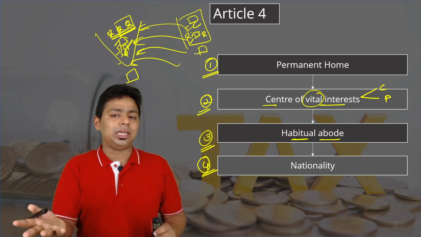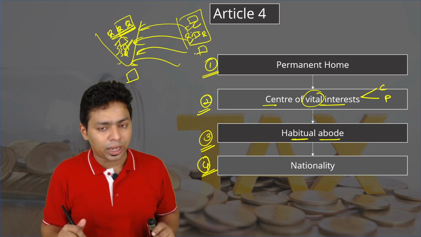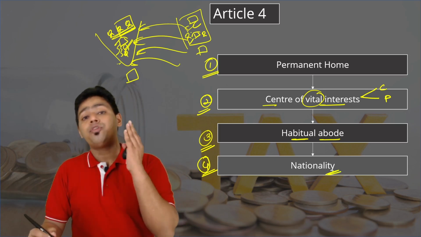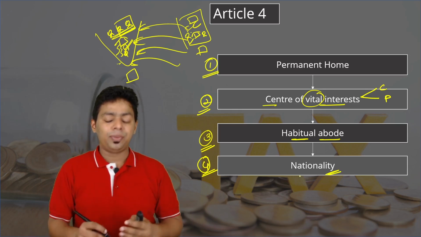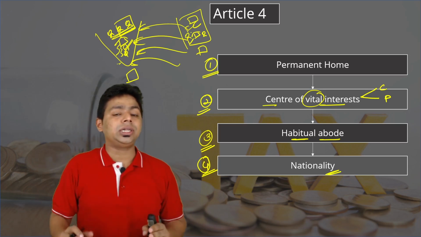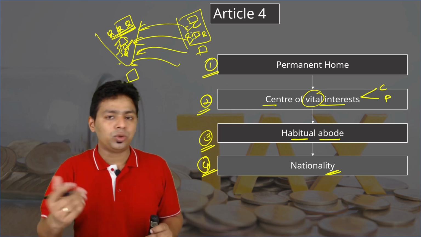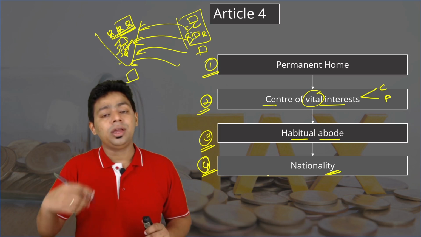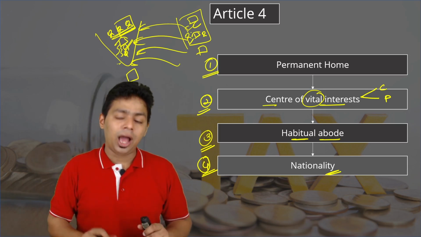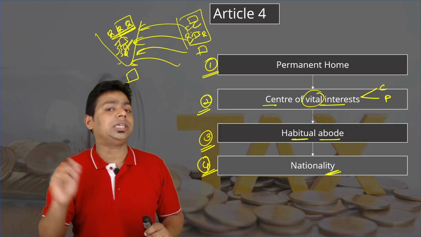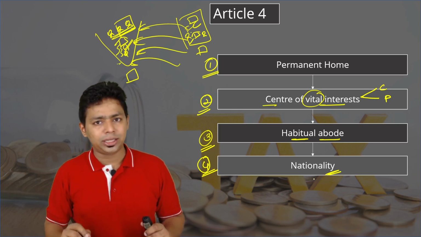And if he is having foreign citizenship, then he will become a resident of the foreign country. But nationality is given fourth importance, because sometimes foreign nationals become Indian residents and Indian citizens become non-residents. You know that very well through the residential status rule. We are having foreigners who are resident in India and Indians who are non-resident in India. So nationality is the last one.